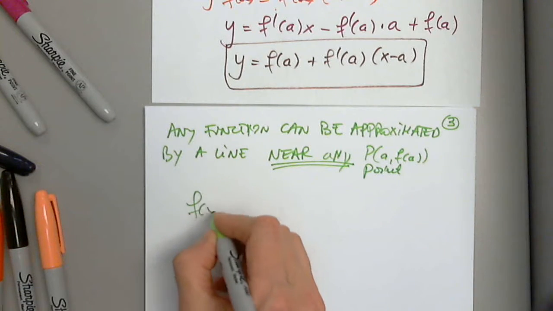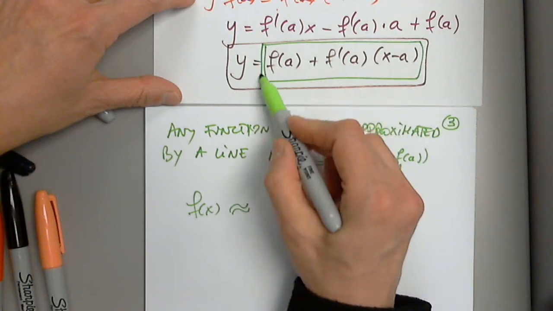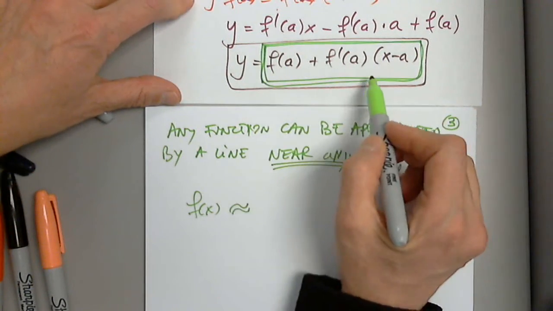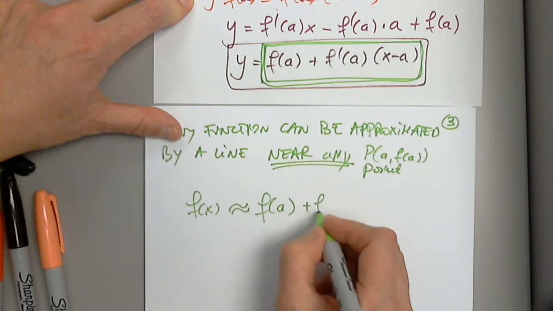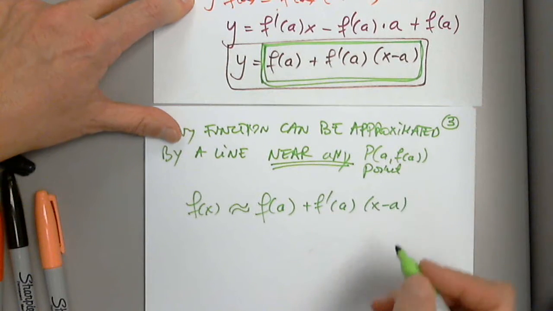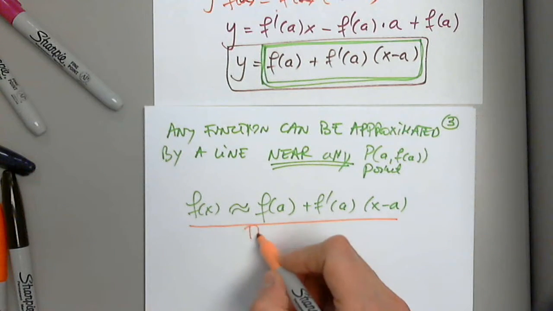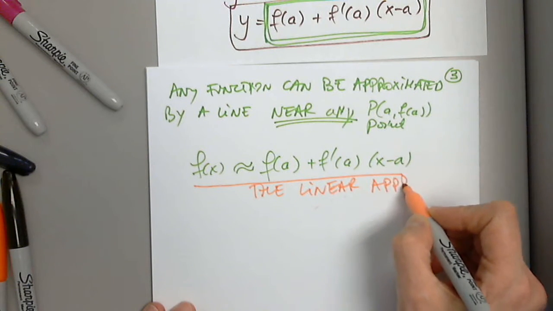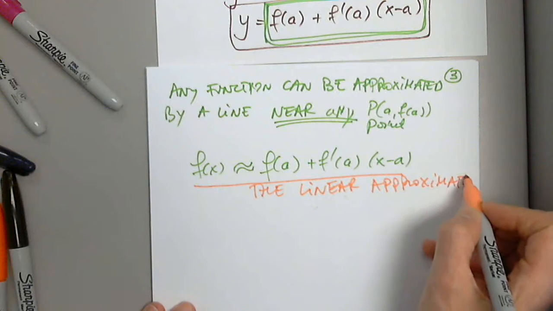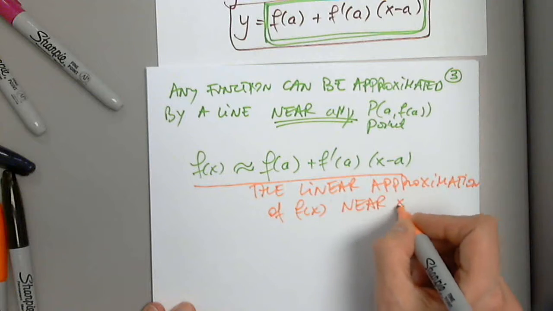So any function can be approximated by this for any point a comma f of a. Notice that I did not put the equal symbol. f of a plus f prime of a times x minus a. So this is, one more time, called the linear approximation of f of x near x equals a.